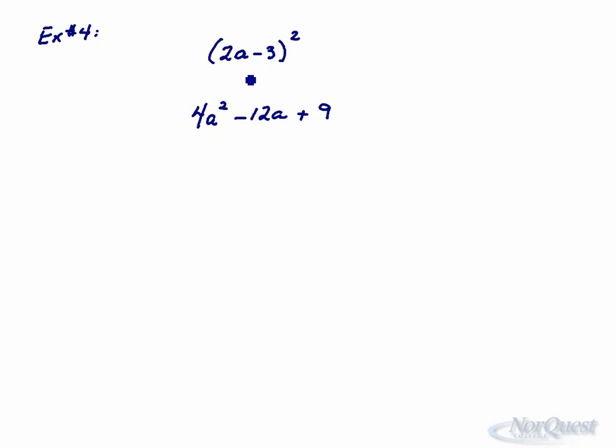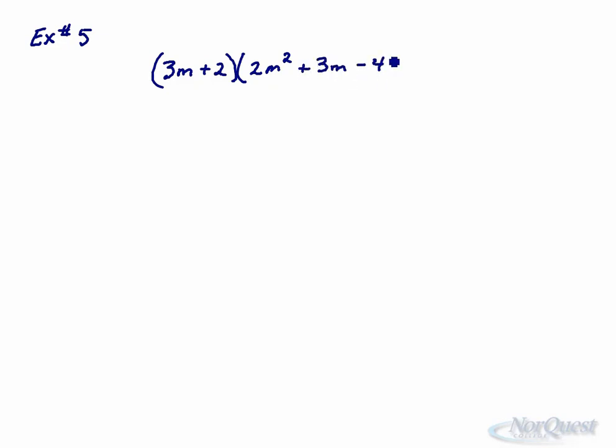Next example. Example number 5. We have a binomial 3m plus 2 times a trinomial 2m squared plus 3m minus 4.